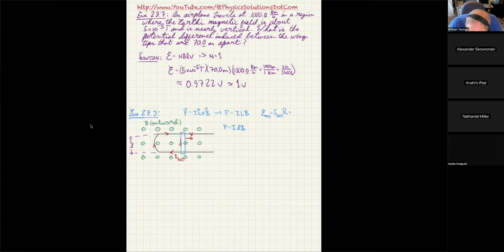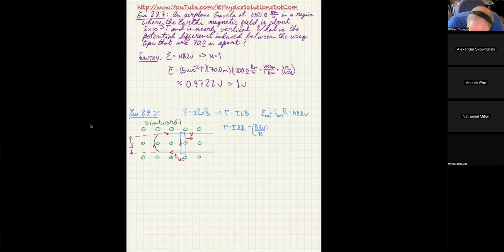And then I'm going to drop off the negative sign because we're just looking at the magnitude here, so that's going to be N times B times L times V. Again, we don't have a number of turns here. We only have N equals 1, so I'm leaving that off. So the induced current is going to be B times L times V over R.